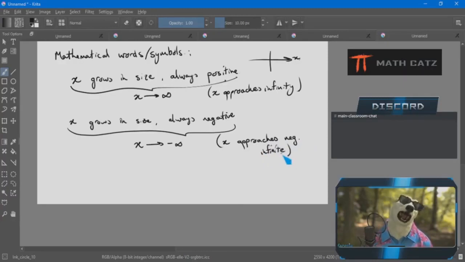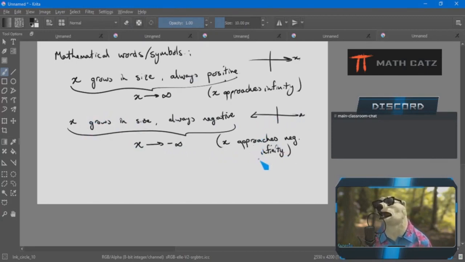Well, I wouldn't say it's casual. That is how we say it, but it's not as if infinity is a number. Infinity is not a number, and it's just a direction for where the x values are going. So they're going far to the left.